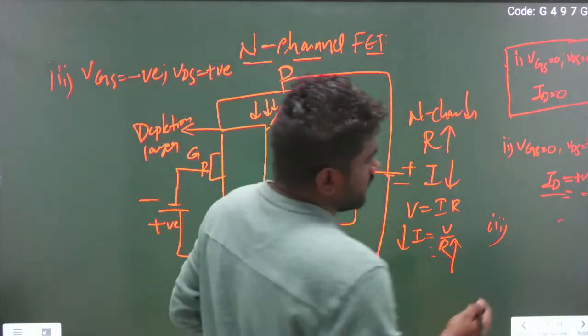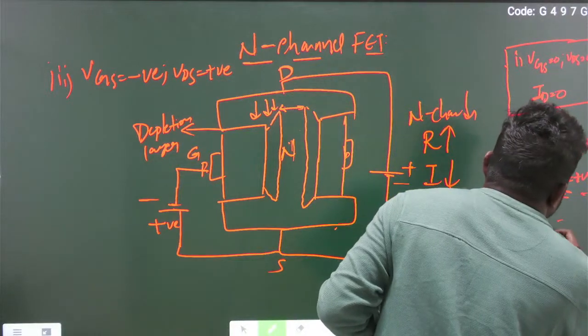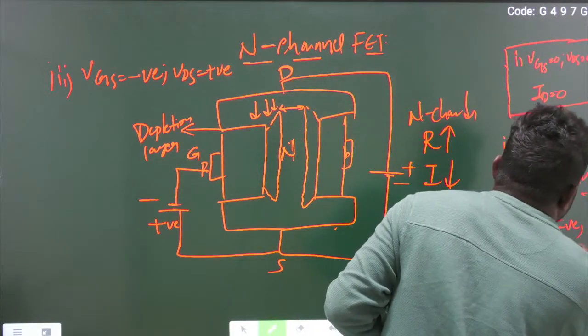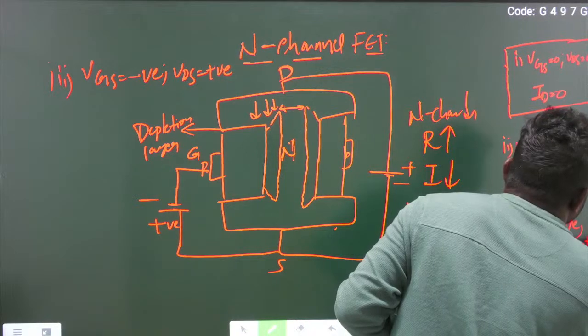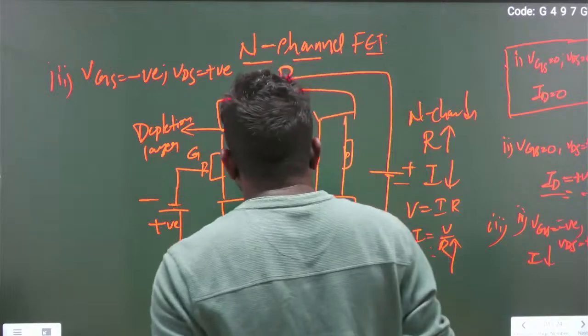So in the third condition, when VGS is negative and VDS is positive, the current will decrease.